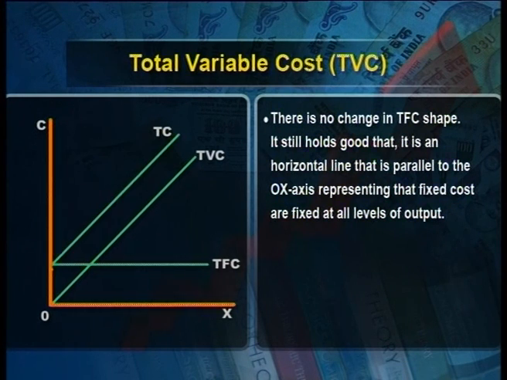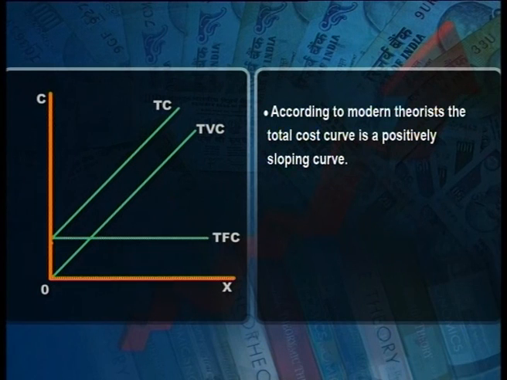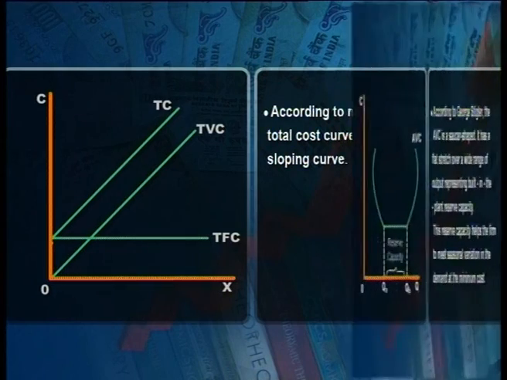Look at the TC curve. The TC curve is a straight, positively sloping line starting from the level of fixed cost, which is very different from our traditional theory of cost. In the traditional theory of cost, the curve was an inverse S-shaped curve, but according to modern theorists, the total cost curve is a positively sloping curve.